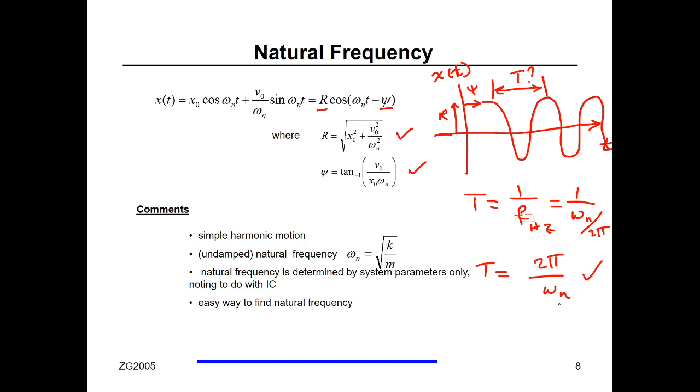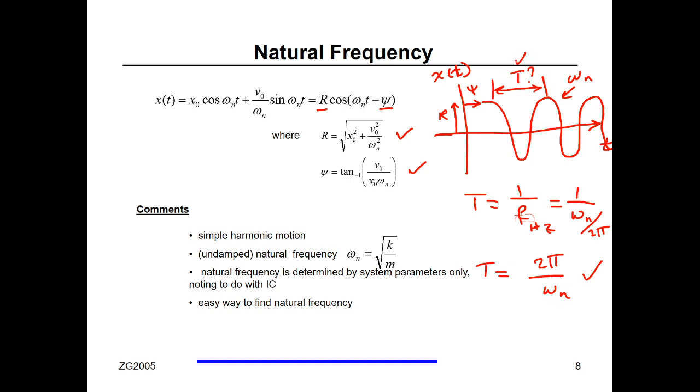So omega n is the frequency of this harmonic motion, given from the solution, and the period also you can calculate from omega n. Now we know the period.